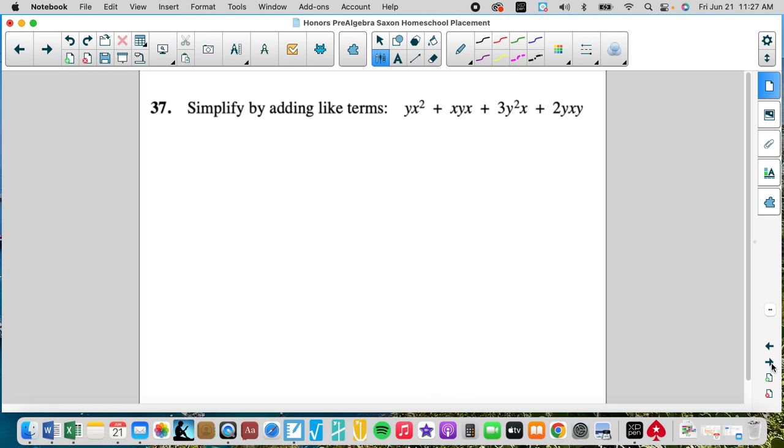Simplify by adding like terms. I don't like this starting problem. Those terms, there are 1, 2, 3, 4 terms here. Terms are separated by addition and subtraction. They are not in standard form. You're going to be alphabetical order when you write your terms. We're going to combine those x's, because they're multiplying, and we're going to rewrite that as 3xy squared, and we're going to rewrite that as 2xy squared. Like terms have the same variables to the same exponents.